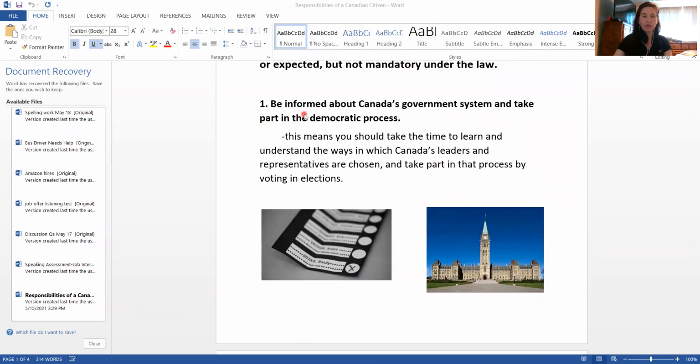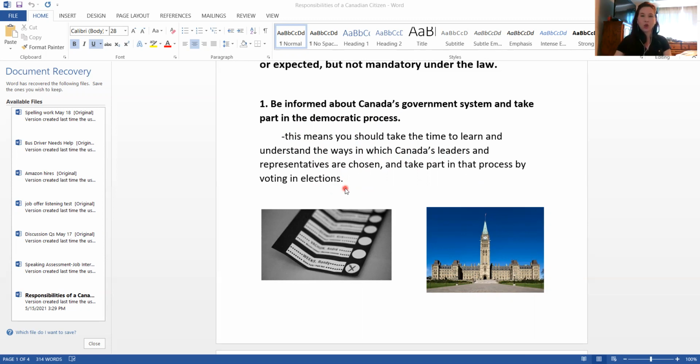You should be informed about Canada's government system and take part in the democratic process. This means you should take the time to learn and understand the ways in which Canada's leaders and representatives are chosen, and take part in that process by voting in elections.